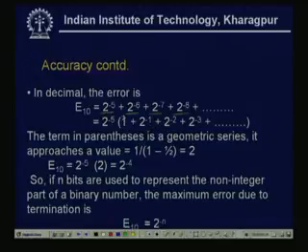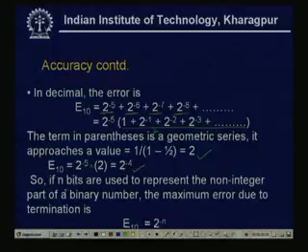The term within the parenthesis is a geometric series, and it approaches a value equal to 1 divided by 1 minus 1 by 2, which is nothing but 2. So, the value within the parenthesis becomes 2, and the value of E10 is 2 to the power minus 5 multiplied by 2. So, this value is 2 to the power minus 4.